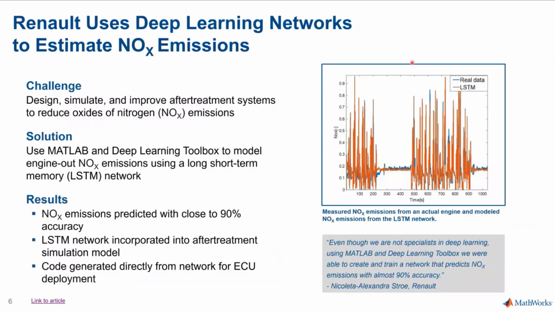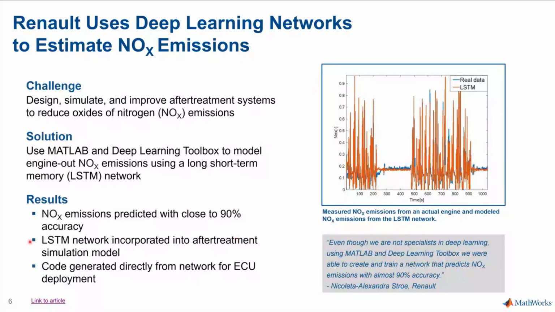Here, this is a symbol for the neural network that was used, so the AI model that was trained. Here we have a real-life example as well. You can read about this on our website. Here's the link. You will get the slides later. Renault used deep learning models to estimate the NOx emissions.